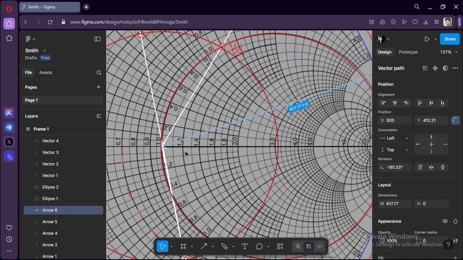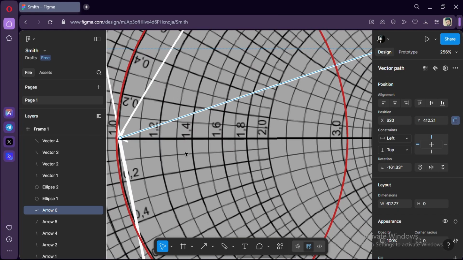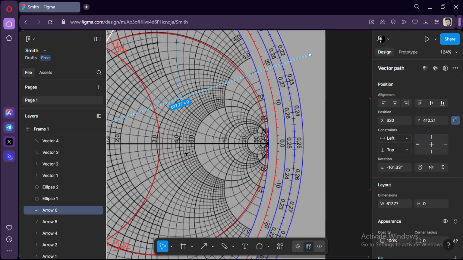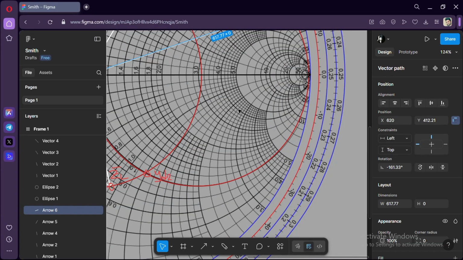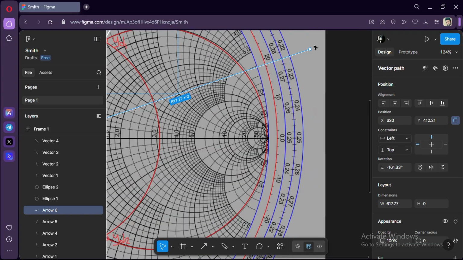Again from the center, and this one, the intersection point of here.